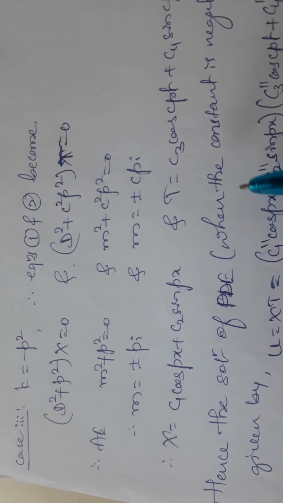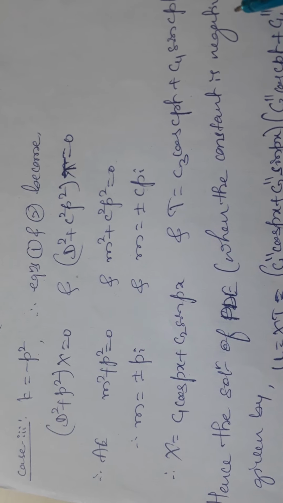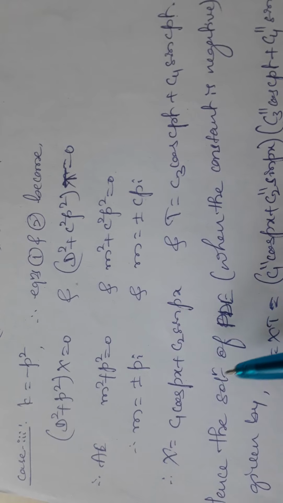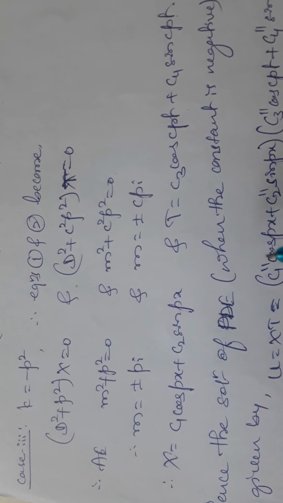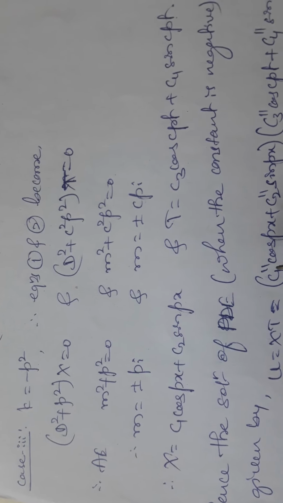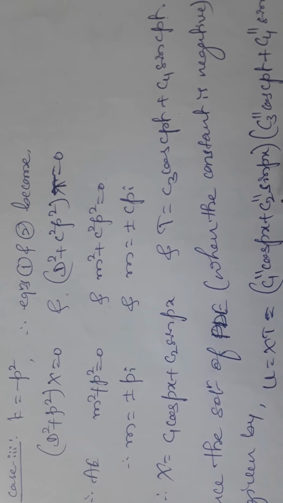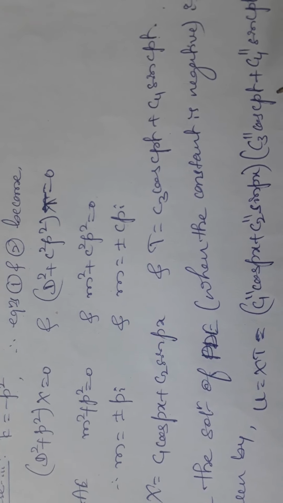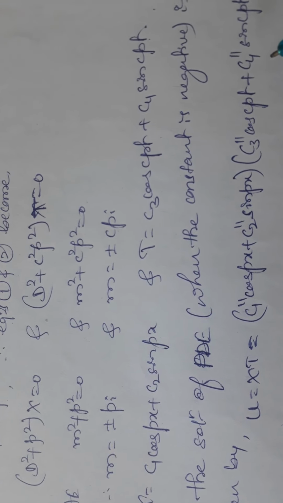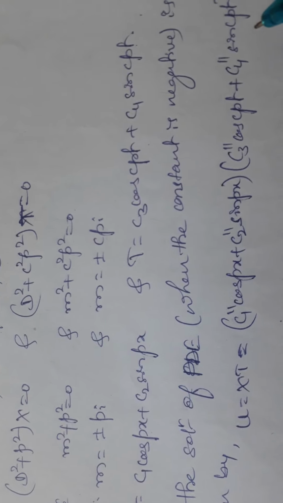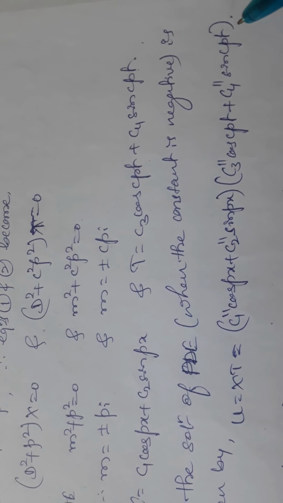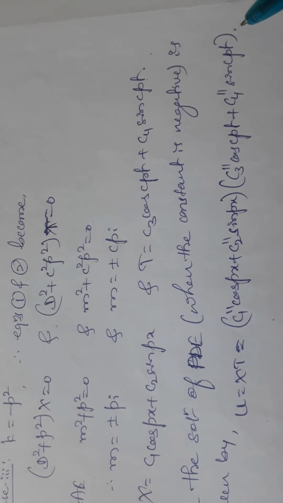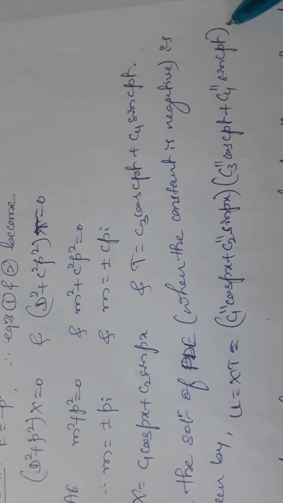Hence the solution of the PDE when the constant is negative is given by u equal to xt equal to, replacing the constants c1 to c4 by other constants, c1 double dash cos px plus c2 double dash sin px into c3 double dash cos cpt plus c4 double dash sin cpt. All these three cases give the various possible solutions of the one-dimensional wave equation.